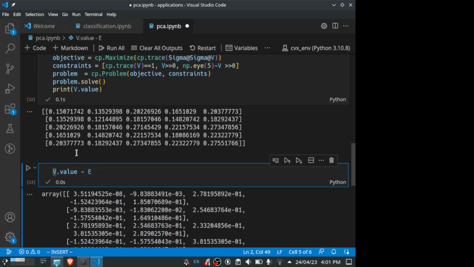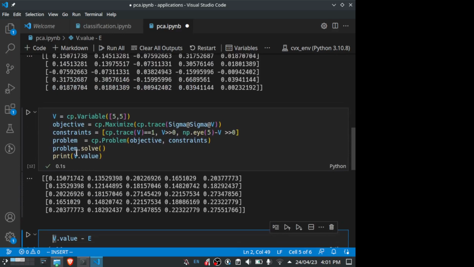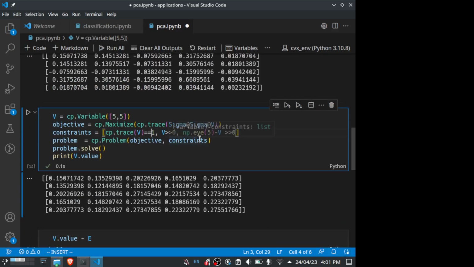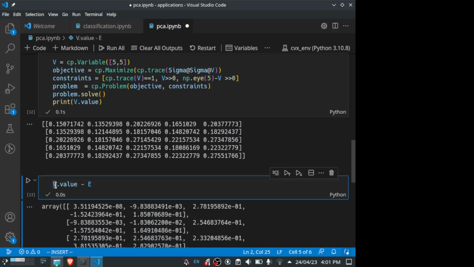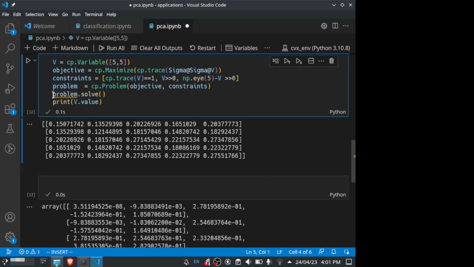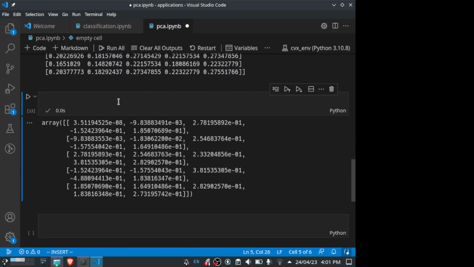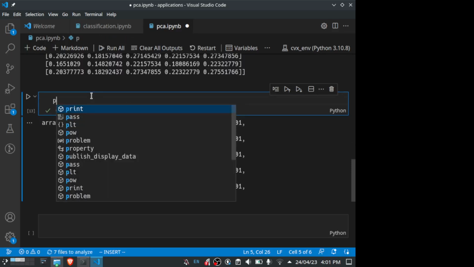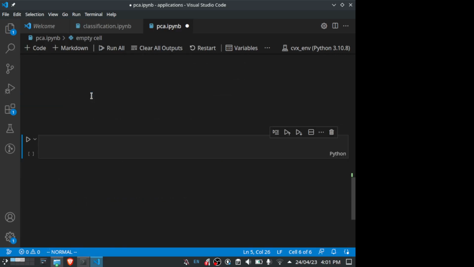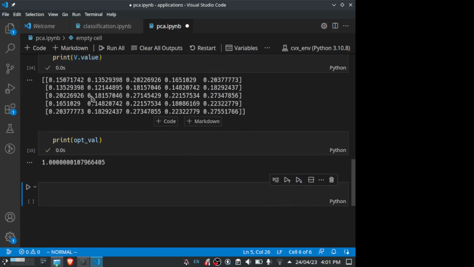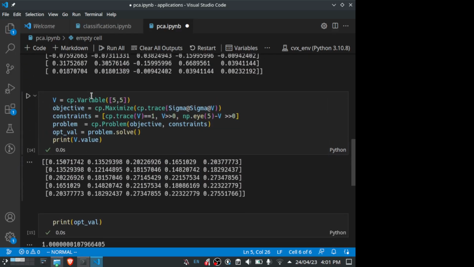The values are fairly small. So this is optimal. All right.